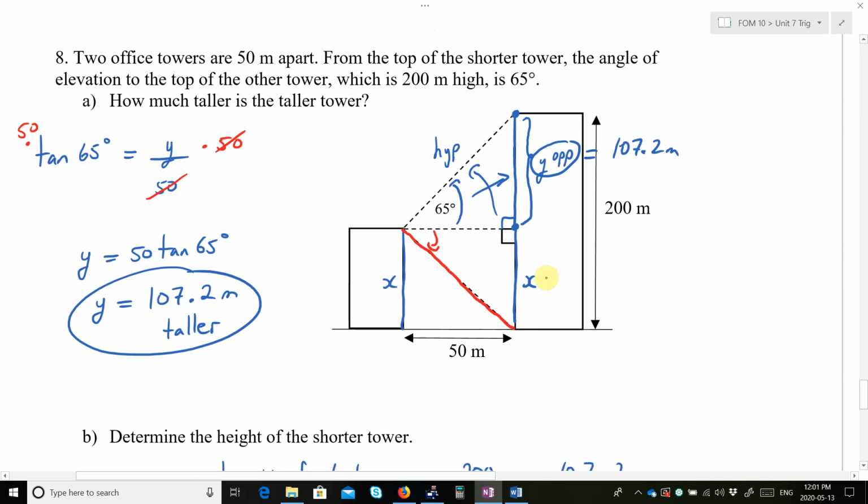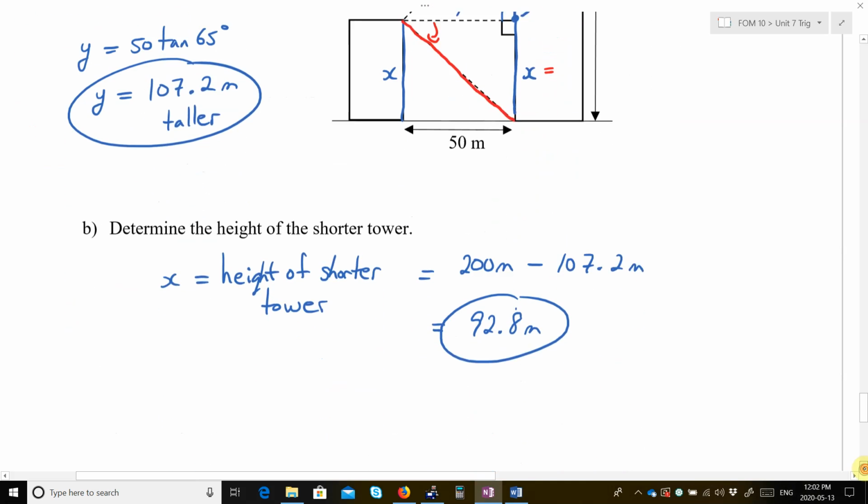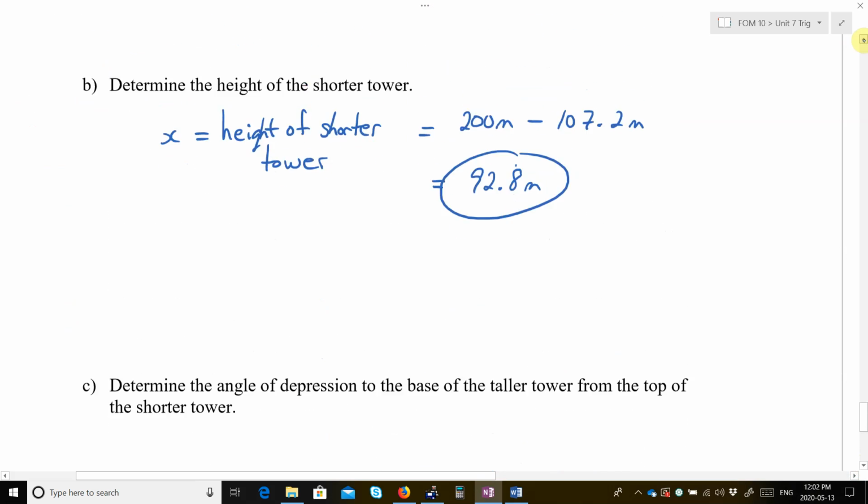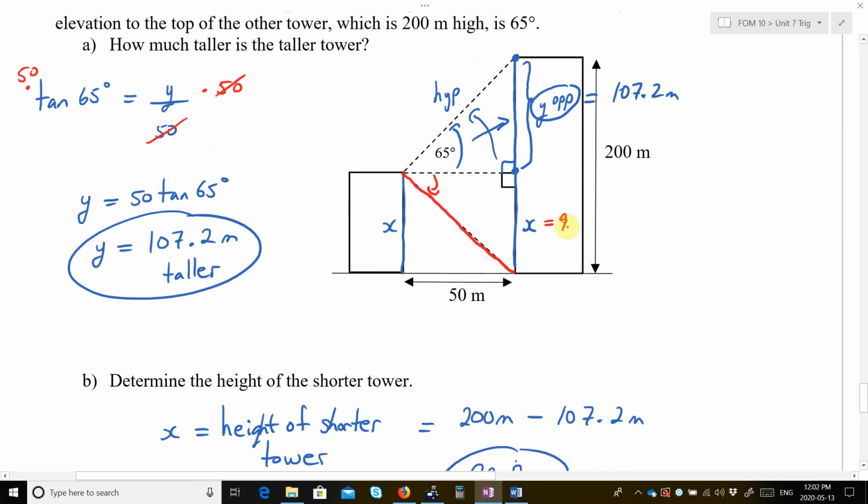Okay, and what we're going to have to do is, remember we just found this x length to be that 92.8. And we know that this guy is 50, because that's the distance between the two towers.